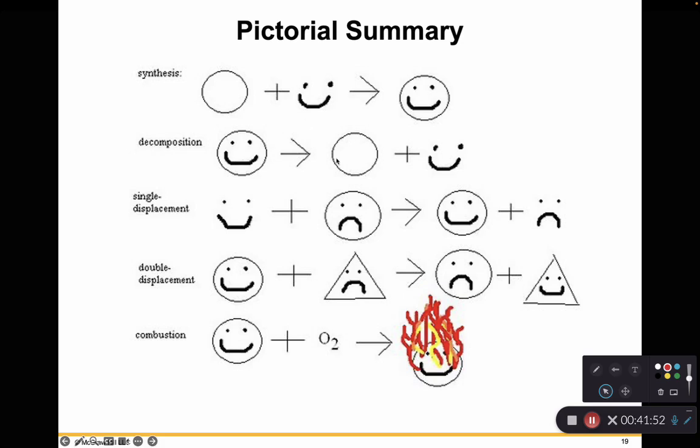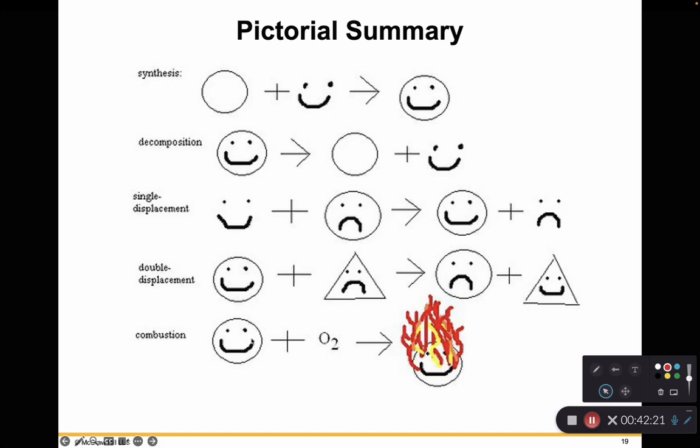Decomposition means you split the complex substance into smaller, simpler substances here. Single displacement means you are replacing only the face here, keeping the head as it is. The face, the emotion, is replaced here. If you replace the emotion as well as the head, then we get a double displacement reaction.